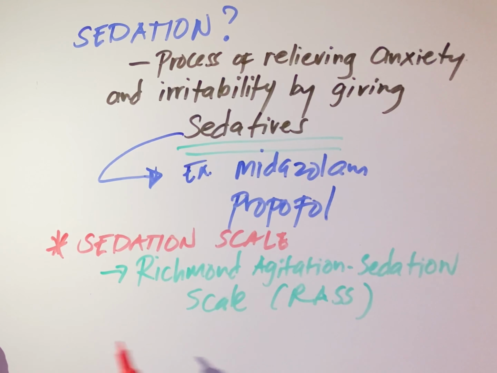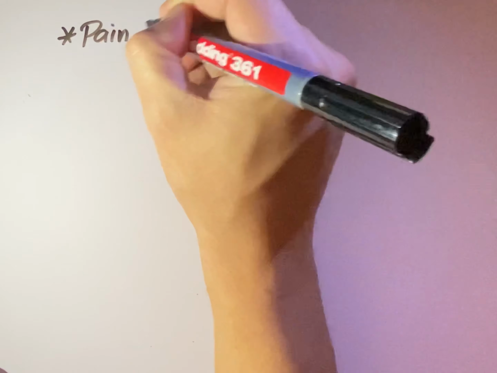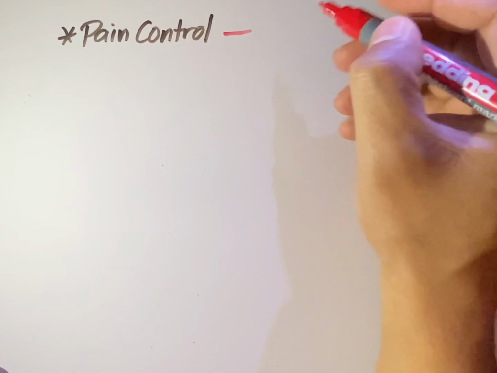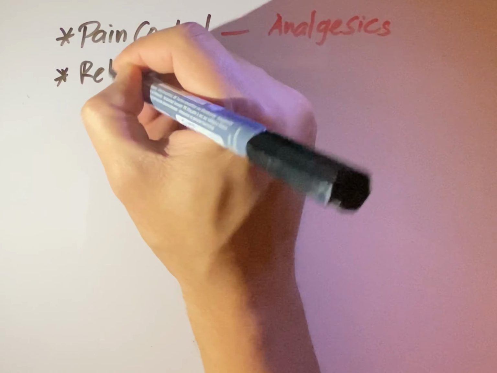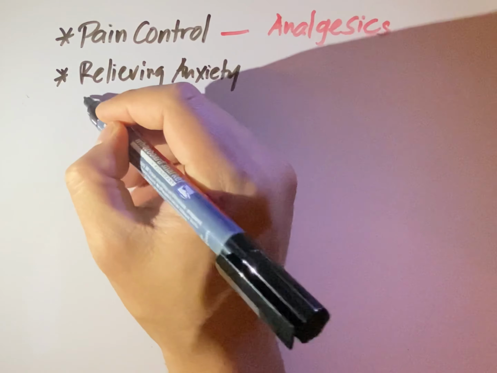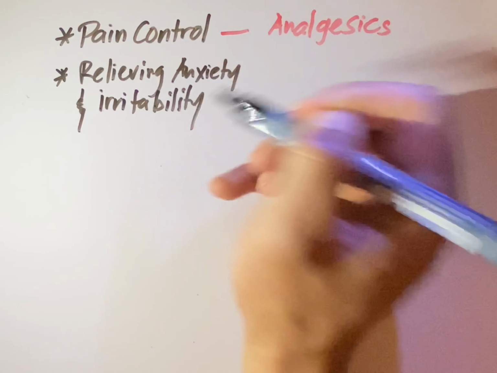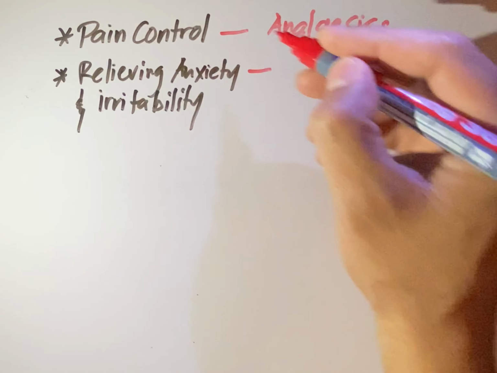So if you are an ICU nurse, you are familiar with this, right? Okay. So when we talk about pain control, we use analgesics. And when we talk about relieving anxiety and irritability and making your patient calm, drowsy, and relaxed, we use sedatives.